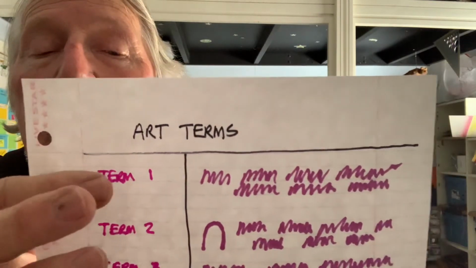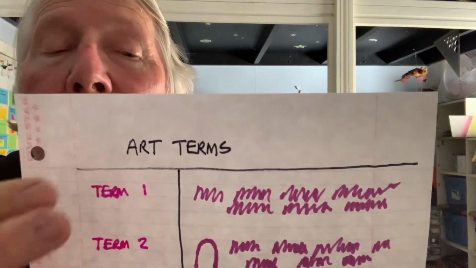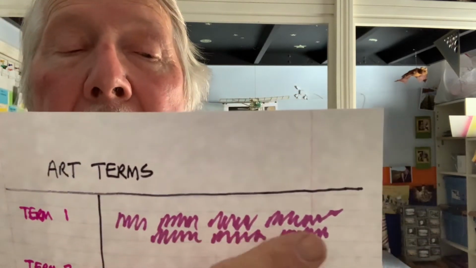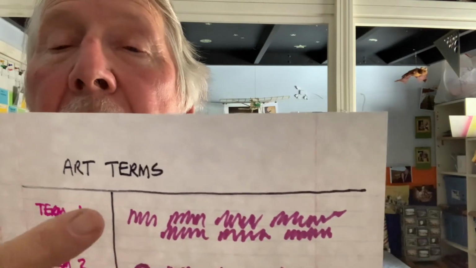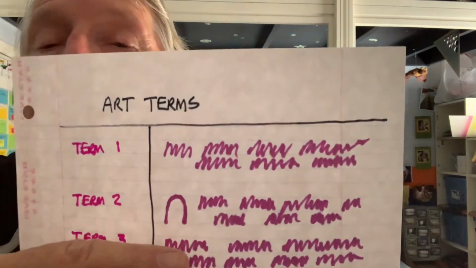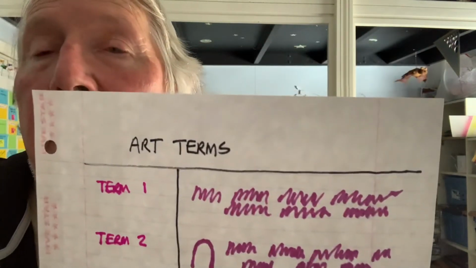So I want you to go ahead and list terms as you come across them, and then just put a definition over here, a working definition. Again, use white space, please, to keep these things separate.